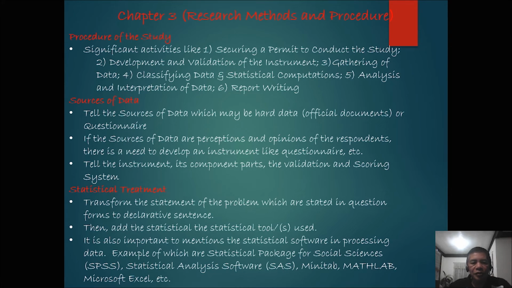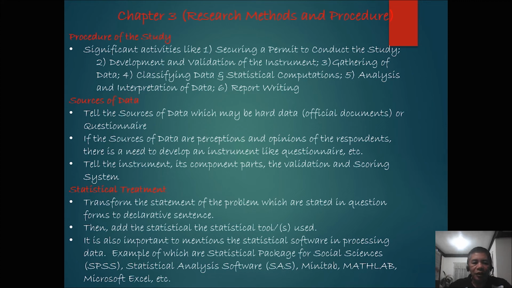If the sources of data are perceptions and opinions of the respondents, there is a need to develop an instrument like a questionnaire. And if you develop an instrument, you need to tell its component parts, the validation, and the scoring system.